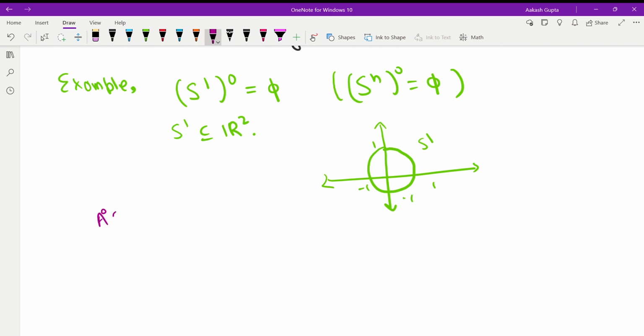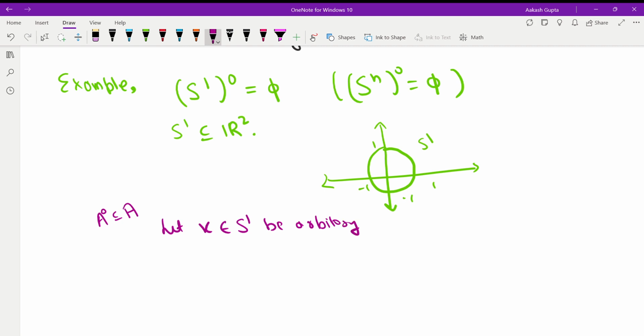Note that the interior of A is always inside A, because the interior of A is the largest open set contained in A. So if you have to look at the interior, you have to take the points on the set you are talking about, in this case the circle.